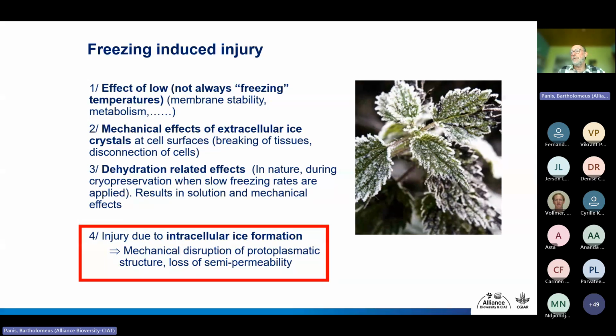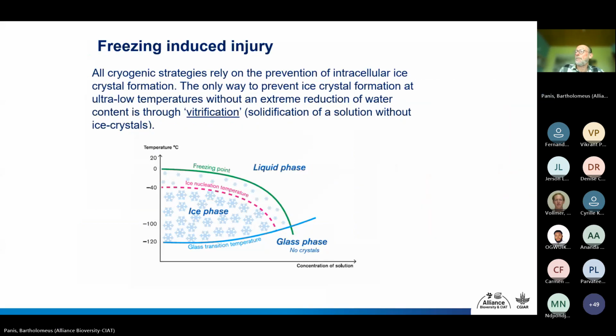So this is the trick. If you want to do cryopreservation, you have to avoid the formation of intracellular ice crystals. How can you do that? You could say, okay, let's remove all the water from the cells, so there is no crystallization taking place. But of course, this is also not an option, because water has also a structural task in cells.